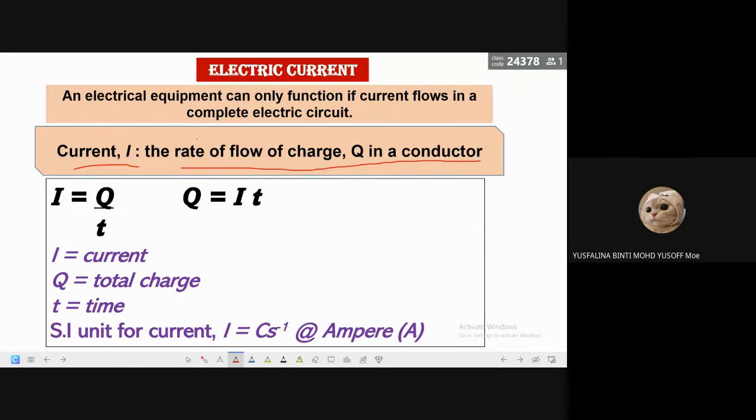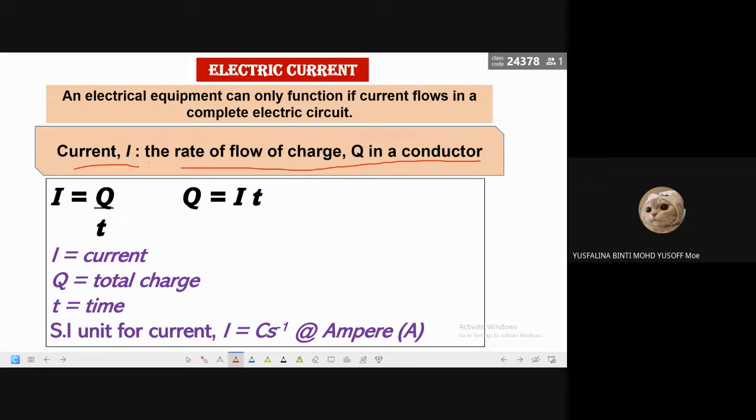Let's say we learned for the impulsive force, remember, the rate of change of impulse, right? So when you say divide by time, you have to start with the words the rate of, the rate of flow of charge.